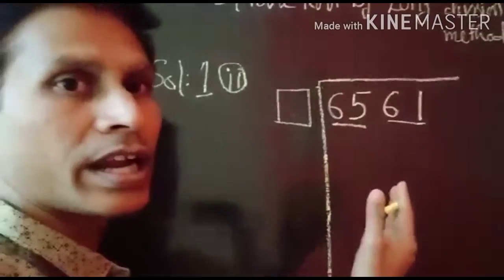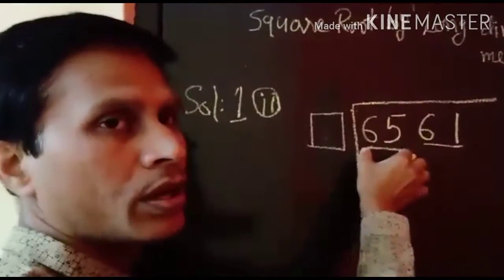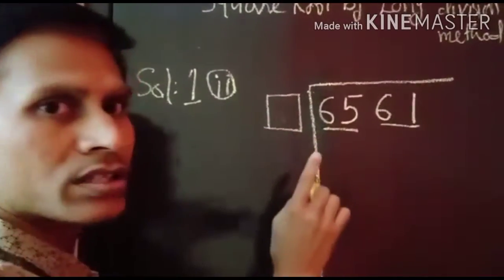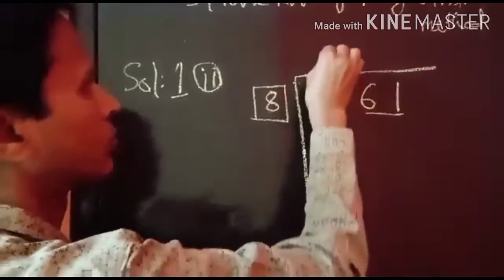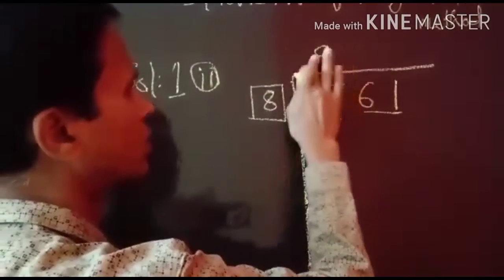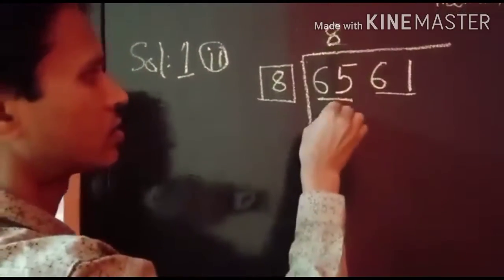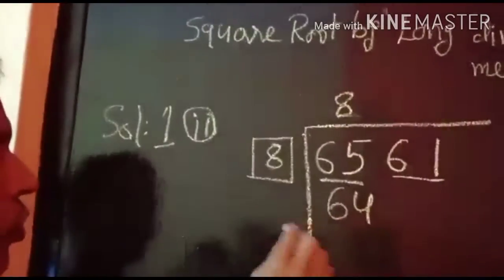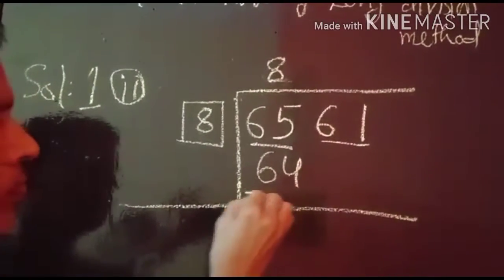Likewise we see that 8 8s are 64. So 64 is just below, because 9 9s are 81, which is more than this. So our first answer is 8, and we will write it here. 8 8s are 64, and we will subtract it like in division.